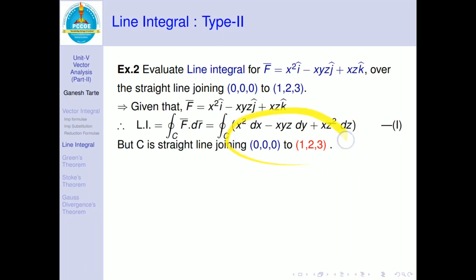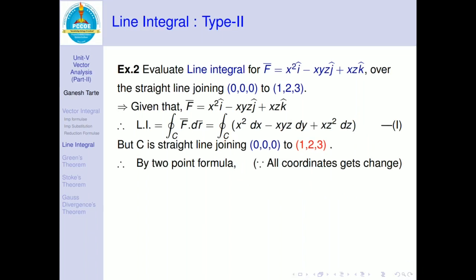Now c is the straight line joining (0,0,0) to (1,2,3). Observe carefully, from (0,0,0) to (1,2,3) all the coordinates change: x changes from 0 to 1, y from 0 to 2, z from 0 to 3, and therefore we apply the 2-point formula. By the 2-point formula, (x minus x1) upon (x2 minus x1) equals (y minus y1) upon (y2 minus y1) equals (z minus z1) upon (z2 minus z1) equals t.